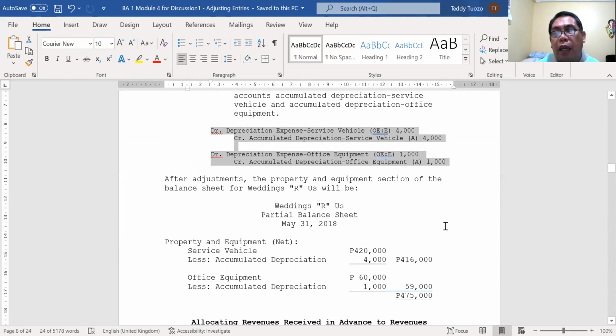Actually, we can prepare a compound entry, but it is the same, it does not really save time, because there would still be two depreciation expense accounts and two accumulated depreciation accounts, even if it is compound. Okay, for depreciation only.